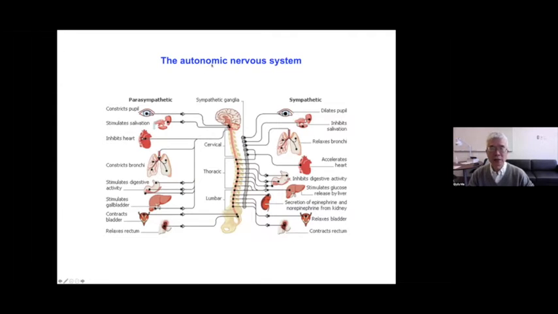We now know that the autonomic system is divided into parasympathetic and sympathetic, and virtually controls every aspect of our body physiology.